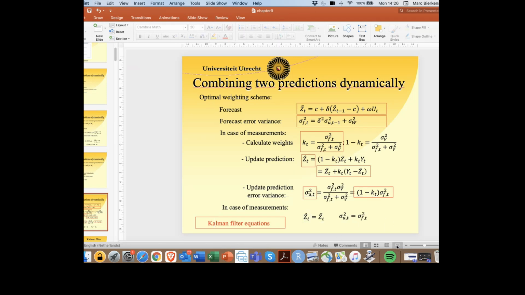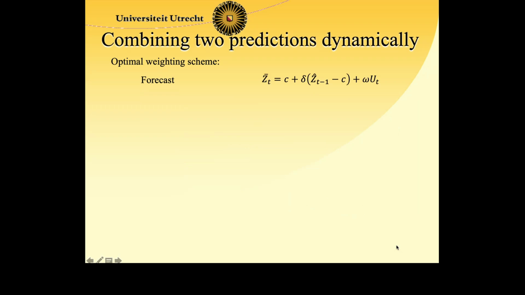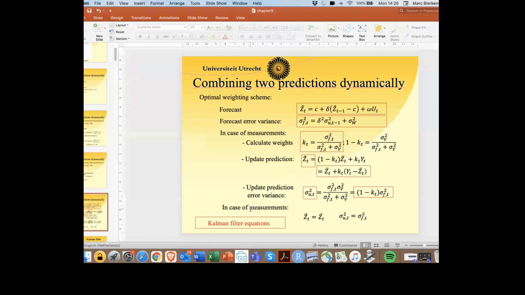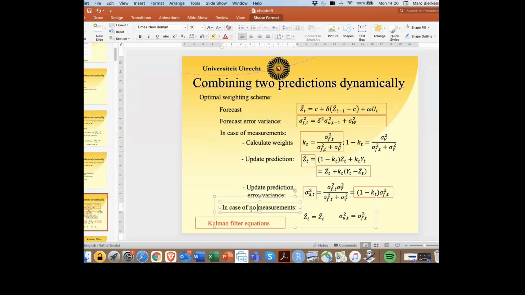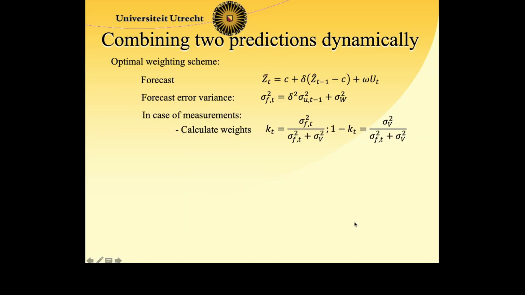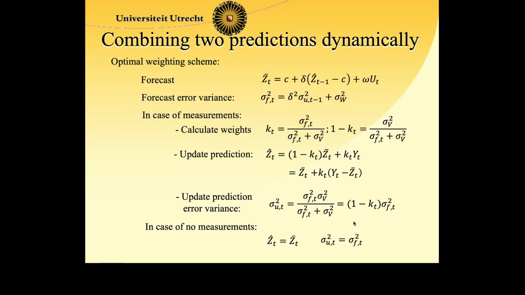This is all work in progress, guys. In case there are no measurements, then the optimal prediction at time t is equal to the model prediction. So we don't have any update, and the variance therefore necessarily is equal to the forecasting variance.